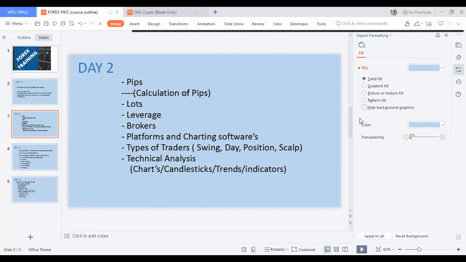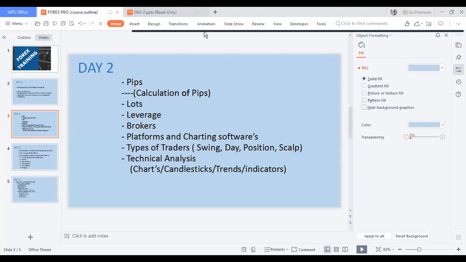What exactly do we have for day 2? Day 2, we'll still talk about pips. I'm sure you can see my screen very clearly, class.